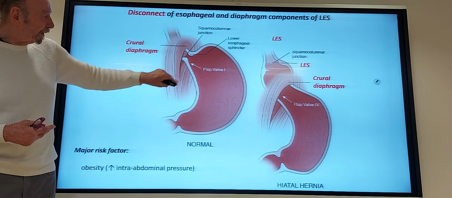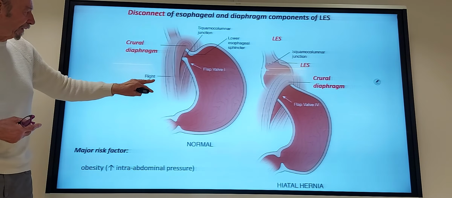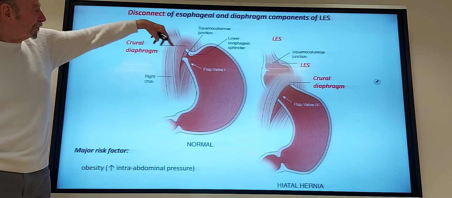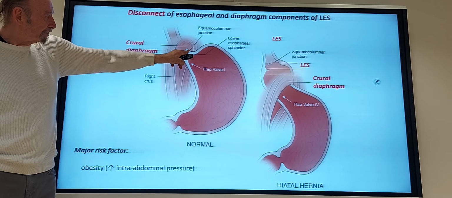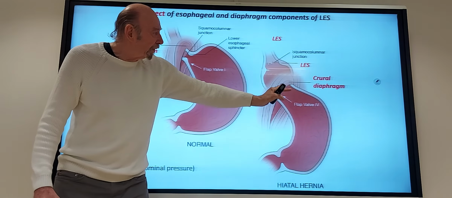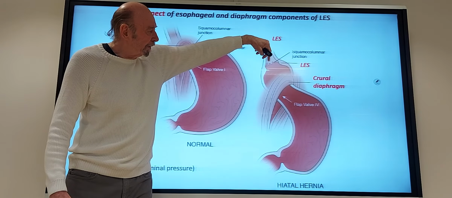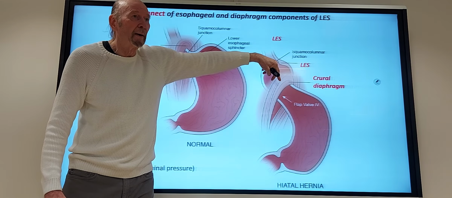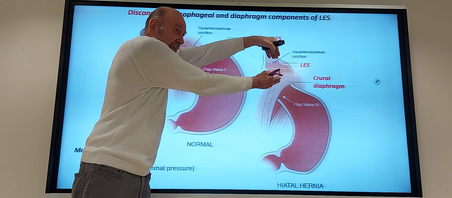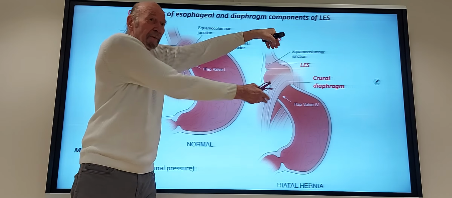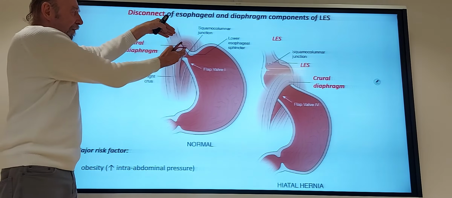But basically, I'm not going to get into the flat valve thing, I don't even understand it, but here you have the diaphragm component, right? And this is your esophageal component. Now what you've done, the esophageal component is here, diaphragm is here, right? So you've increased the pressure, dropped by 50%, but the length of this area is increased compared to this.